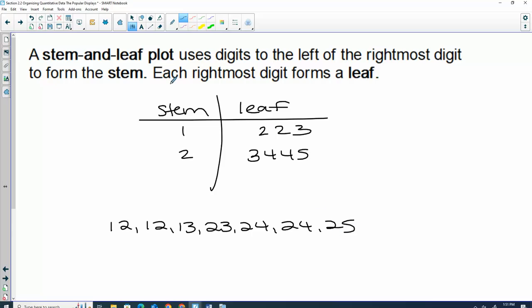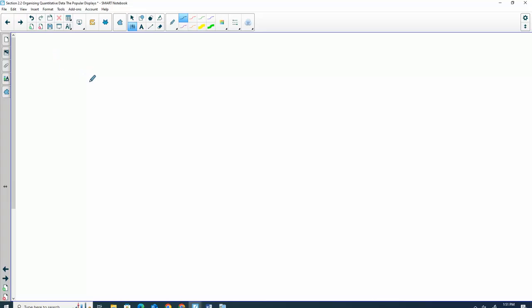You put the leftmost digit in the stem, and the leaf is your 1's digit. You guys haven't done these? Okay, let's back up a little bit. We'll start with how to make a stem and leaf plot. Our crash course.